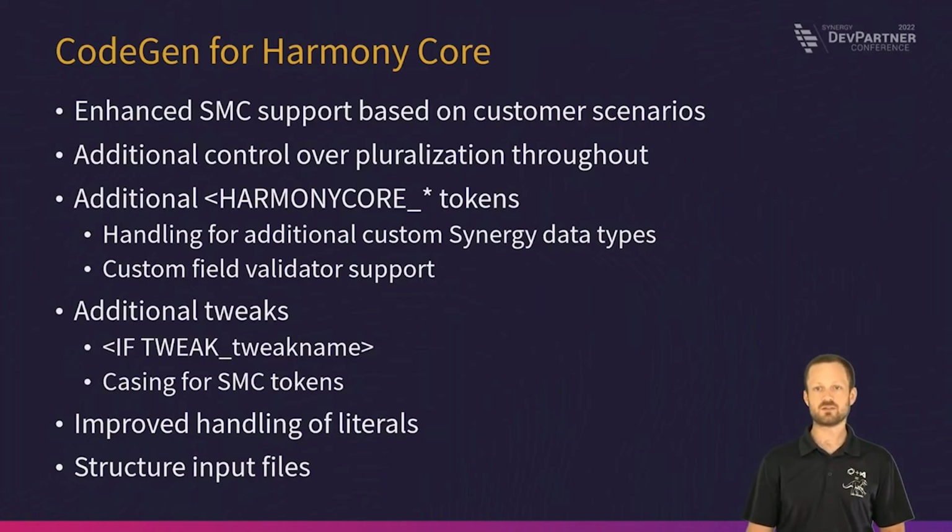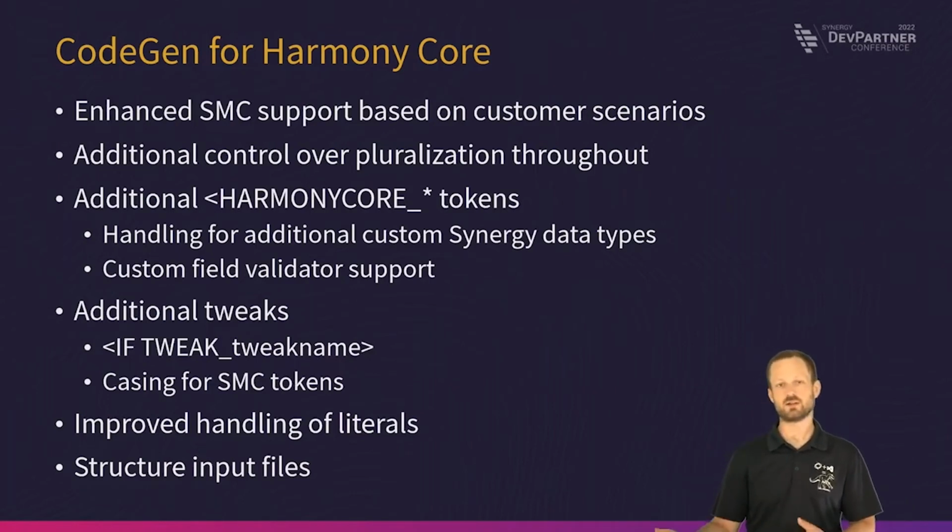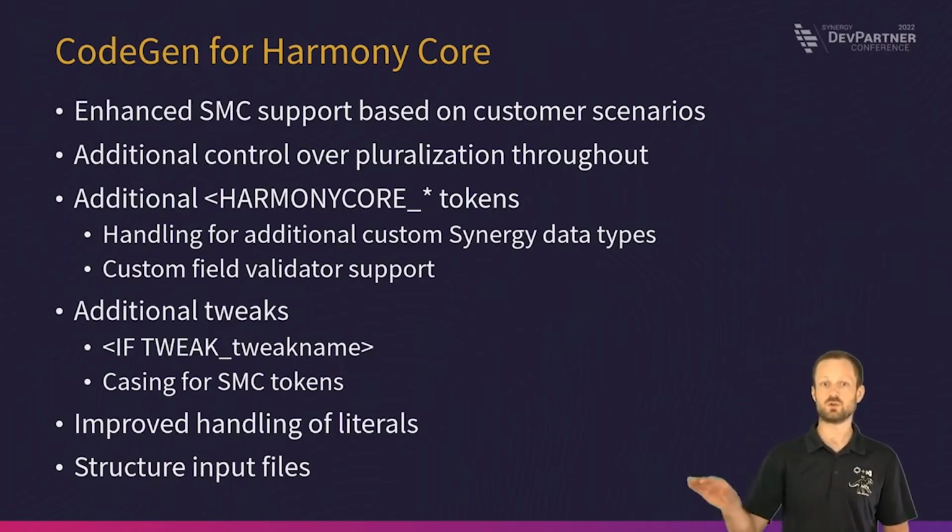This has led to a significant number of compiler errors and a lot of manual tweaks over the years. We've fixed this inside CodeGen now so that template authors can choose how quotes are handled inside of literals. Essentially, you can say this literal is going to be surrounded by double quotes, or this literal is going to be surrounded by single quotes, and then CodeGen will figure it out and make sure that whatever it puts out doesn't break your single quote or double quote surrounding.